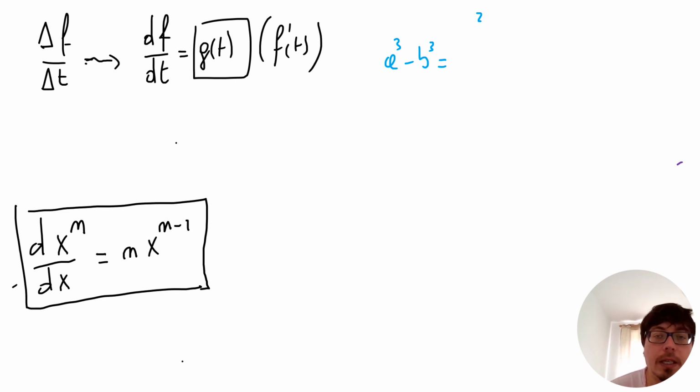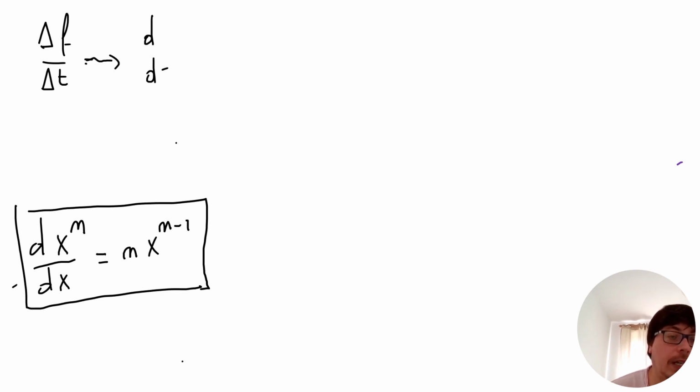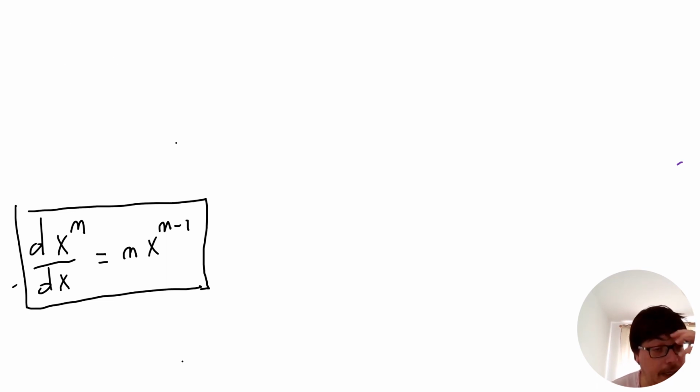When you say that a formula is correct for some integer n, and then you prove that if it's correct for n, it's correct also for n plus 1, then you prove that it's correct for any n. So the idea is that we know that it works for x squared, x cubed, and so on.